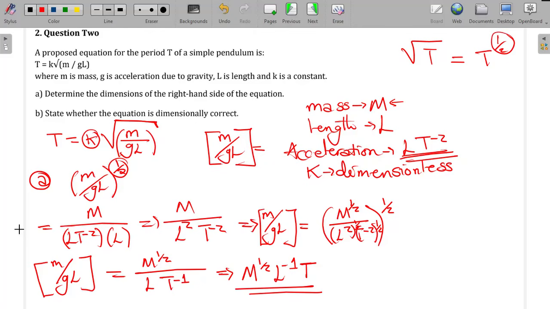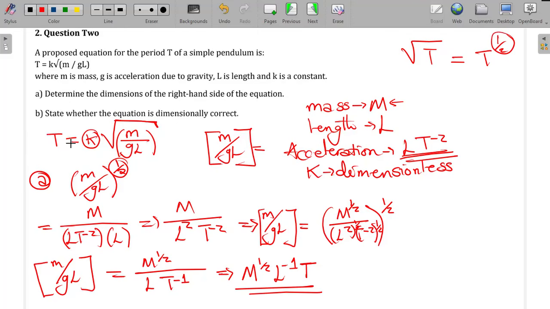As simple as that. Part B is saying state whether the equation is dimensionally correct. So how do you check if the equation is dimensionally correct? You check if the dimensions on your left-hand side are equal to the dimensions on your right-hand side.